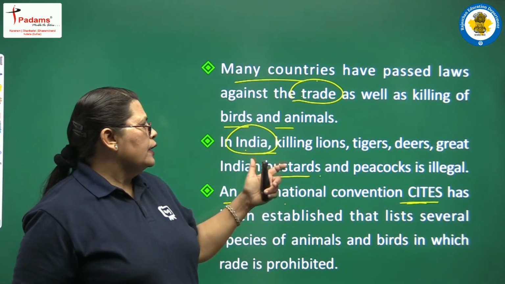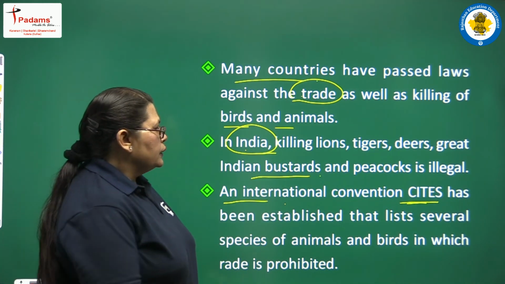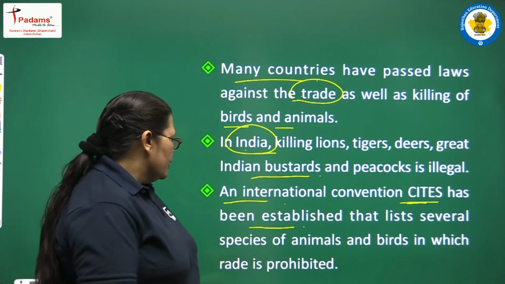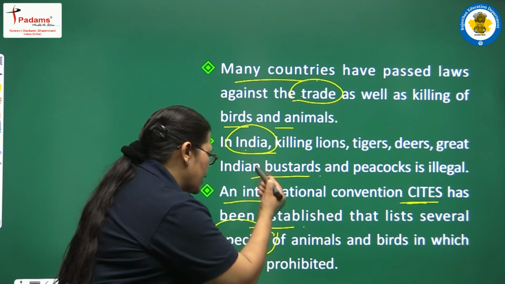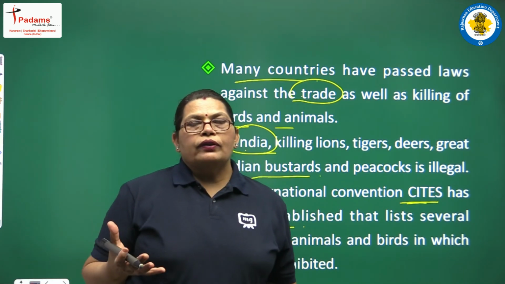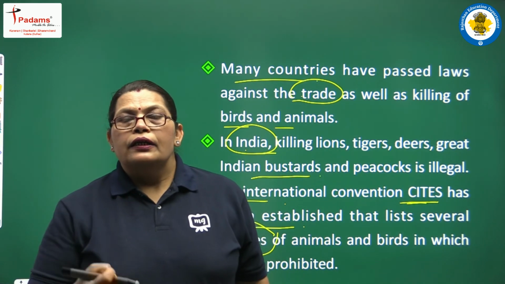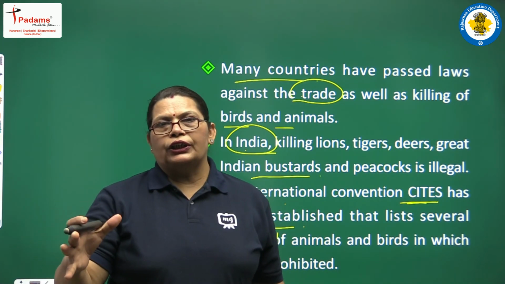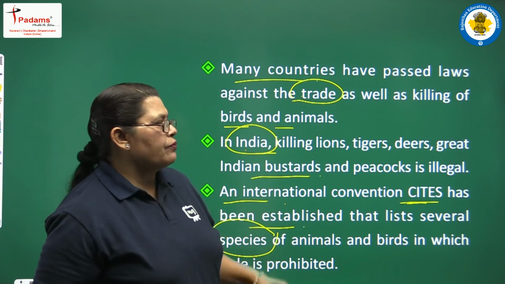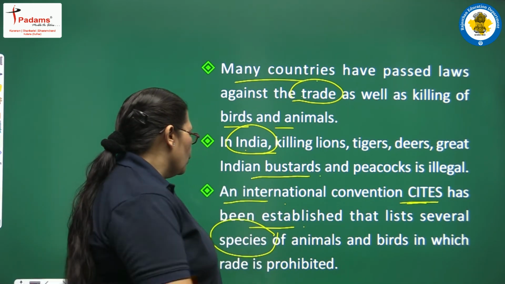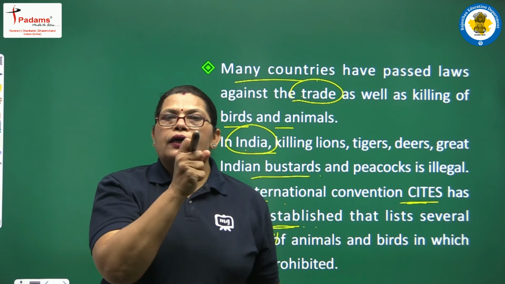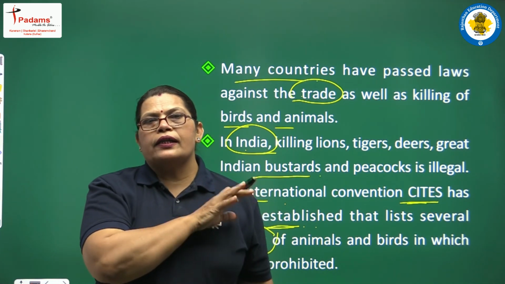An international convention, CITES, has been established that lists several species of animals and birds in which trade is prohibited. Yes, some of the species are in a condition of extinction. So again we are saying that an international convention has also established that only a few species are left.